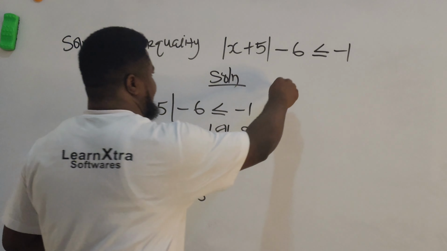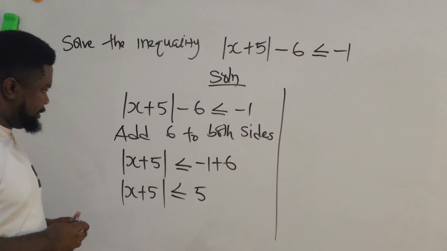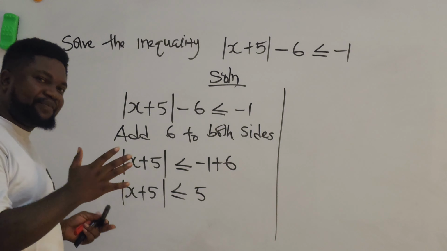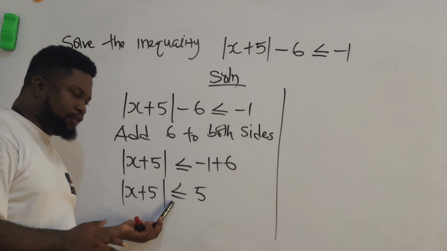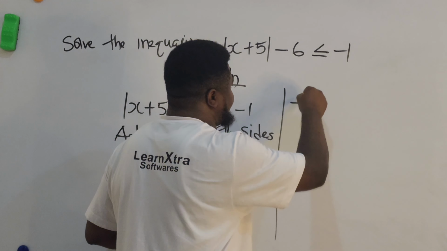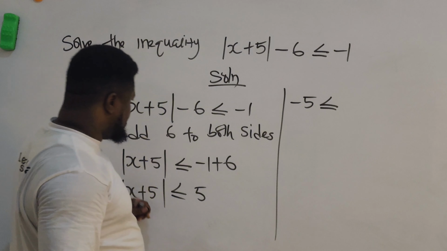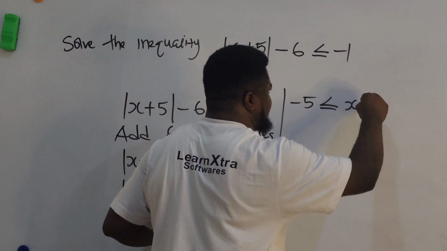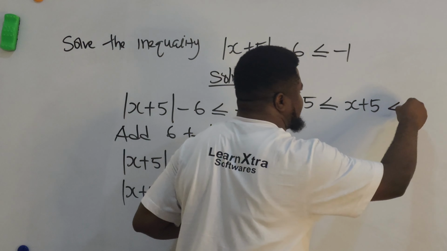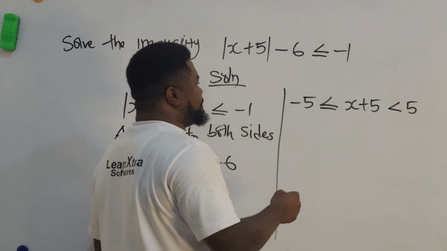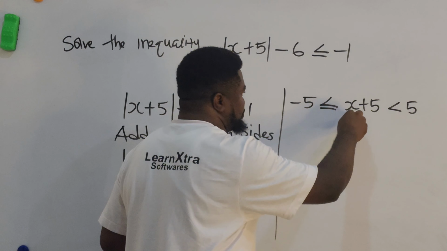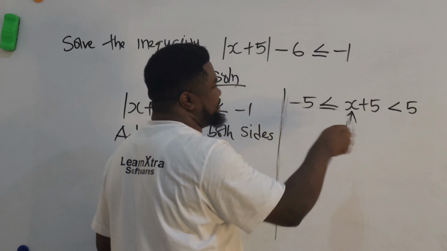So I will go ahead and apply my definition for less than for absolute value, and that will be minus 5 is less than or equal to x plus 5, the content of my absolute value, which is less than or equal to 5. To make x stay alone, I will simply subtract 5 from both sides.